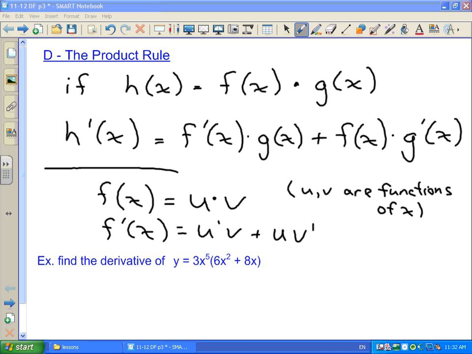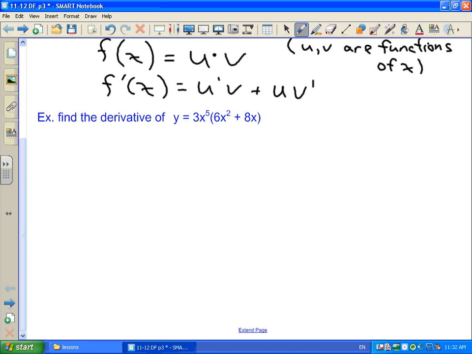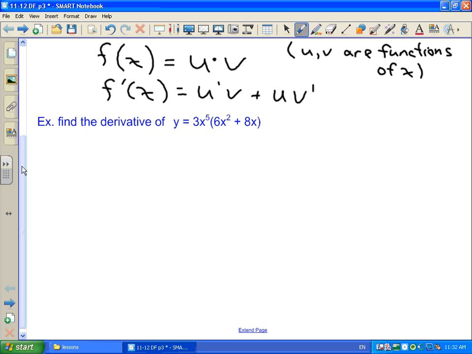So let's take a look at an example of applying this rule. We've got a function y equals 3x to the power of 5 times 6x squared plus 8x, and we want to find the derivative of it. We're going to use our product rule, because this divides nicely into two functions.